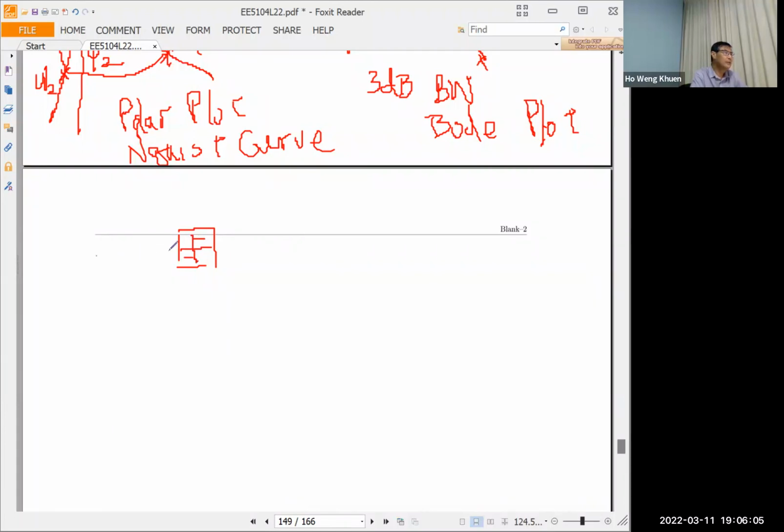That means when the input is positive, the output will be 1. When the input is negative, the output will be minus 1. So just like before, we have this non-linear system.